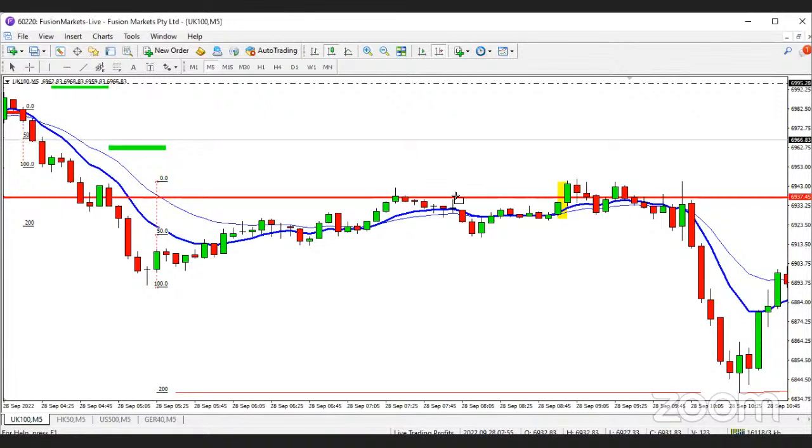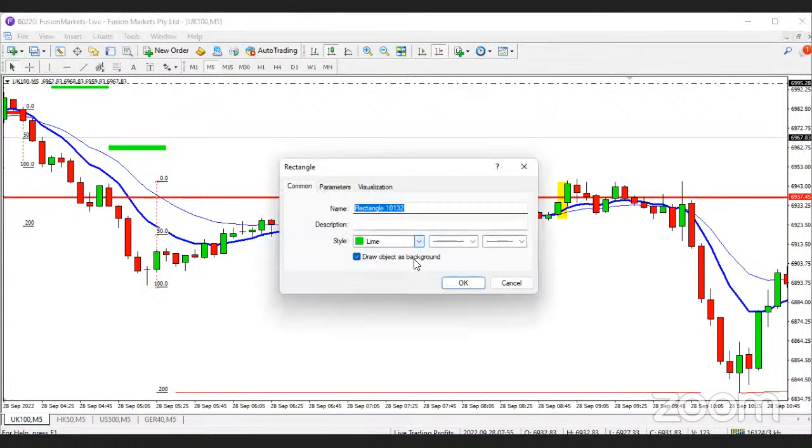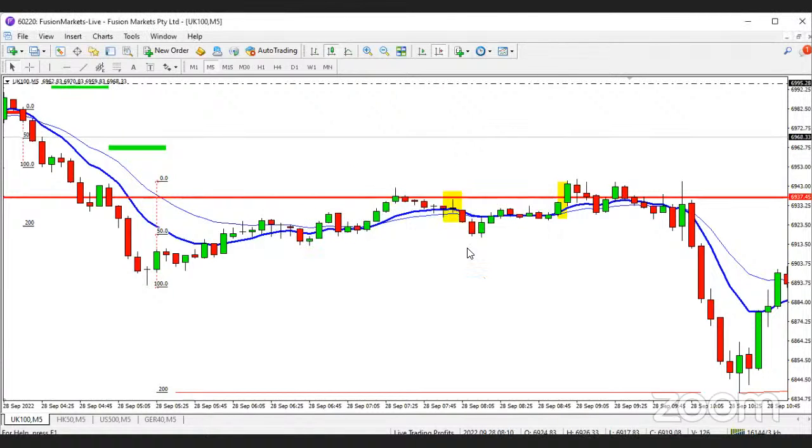Remember, in the course we said you have to be a little bit careful, or not careful, just be aware that the open of the European markets overlaps the open of the UK markets.